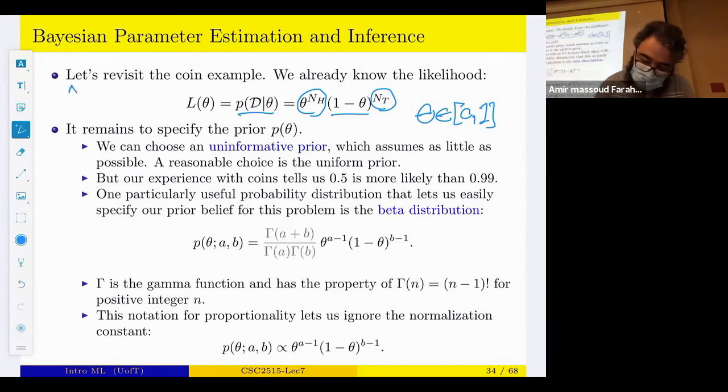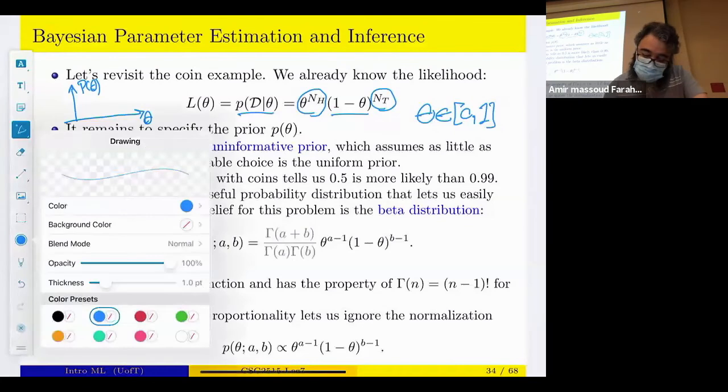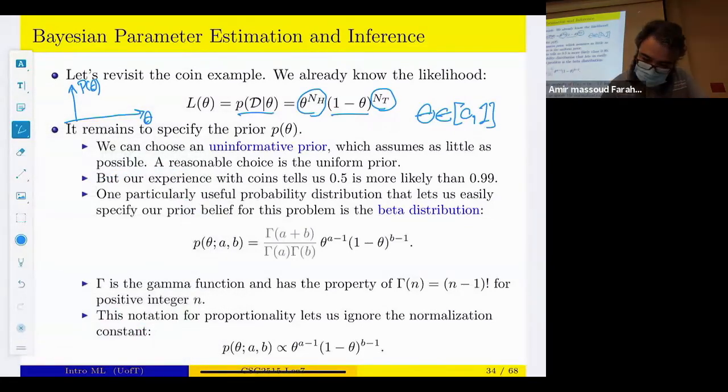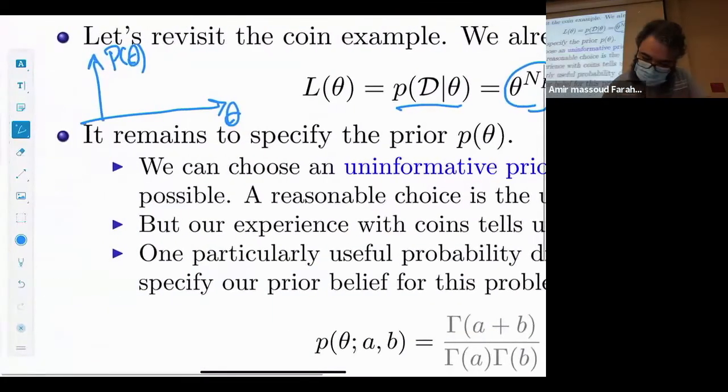So essentially, we need to specify a distribution of the thetas. This is the value of 1, this is the value of 0. You have to specify a distribution here.